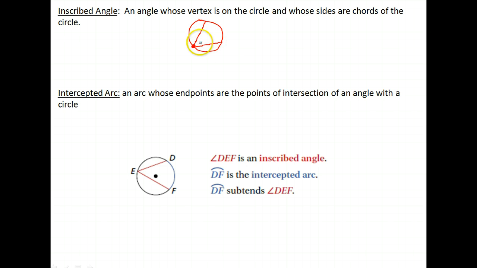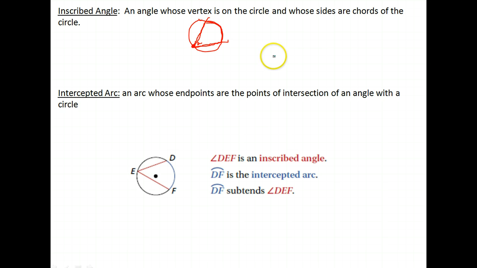This is an inscribed angle, and I'll call it angle A right here. That opening right there is an inscribed angle. The intercepted arc is an arc whose endpoints are the points of intersection of the angle with the circle. Basically, here's the vertex of your angle. Follow the sides out, and the intercepted arc is the section of the circle that those sides cut out.